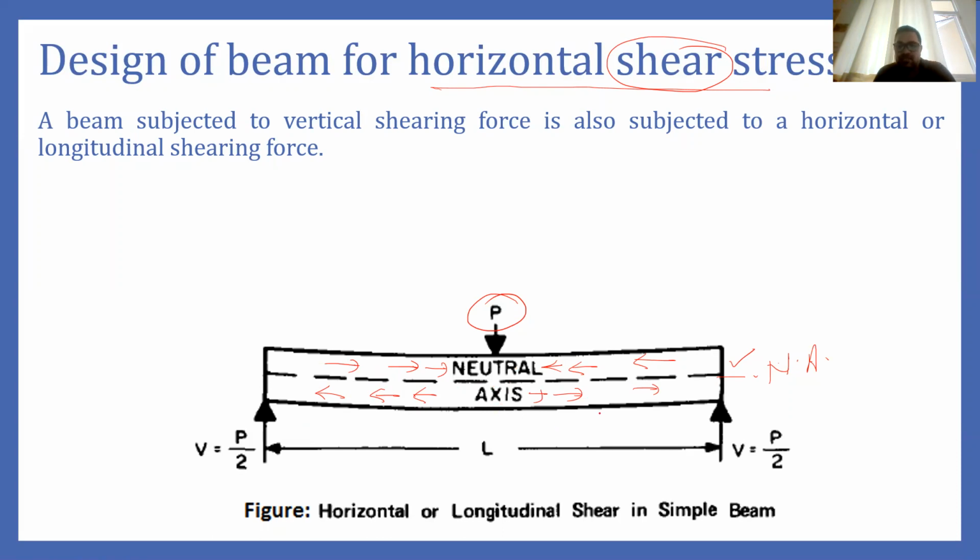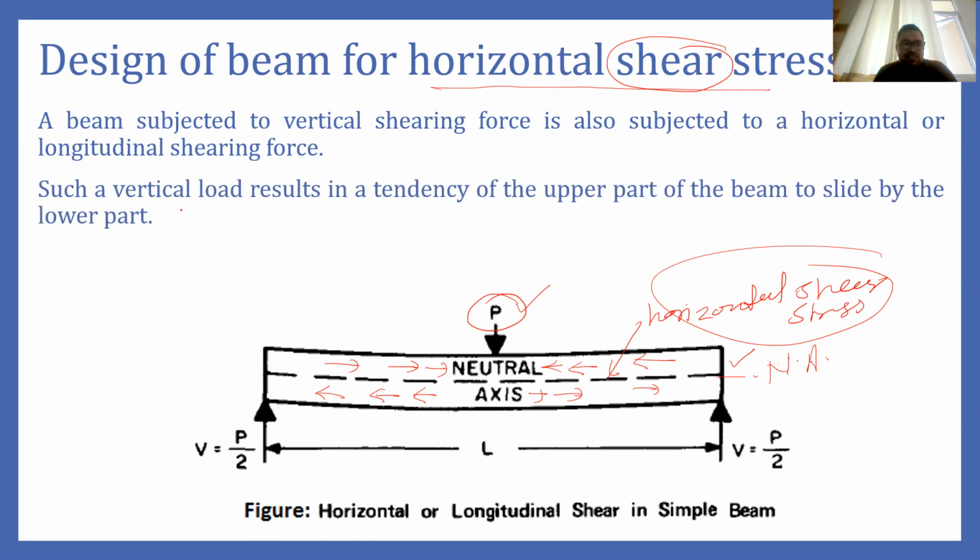Now, this sliding is actually happening because of the effect of horizontal shear stress. So that is the concept. That is how in this beam, the horizontal shear stress becomes very effective because of this load, and that is happening because the beam is composed of fibers.